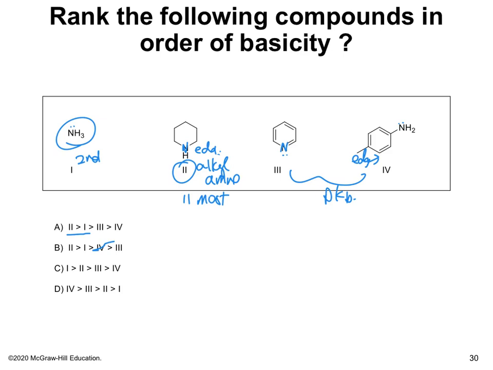Well, let's see. So we do have 2 options here. I would have to look up aniline and pyridine, but I'm going to guess aniline, so I would say the 4th, but I would have to look up the pKb values. Let's see if I can do that really quickly. pKb for aniline and pyridine.